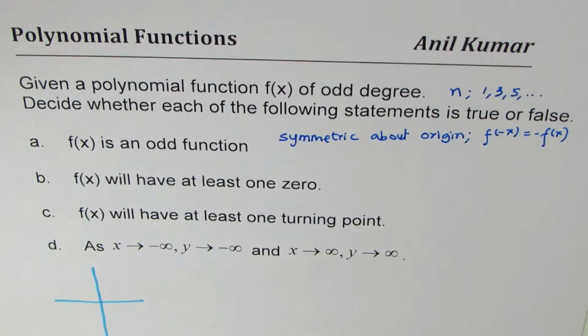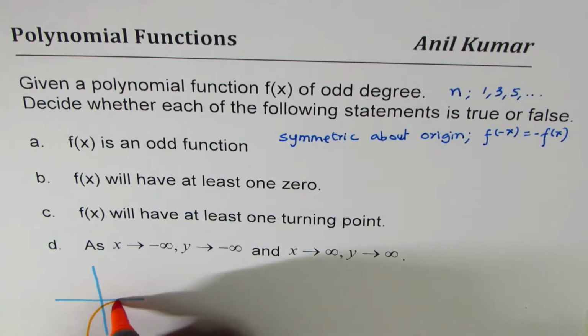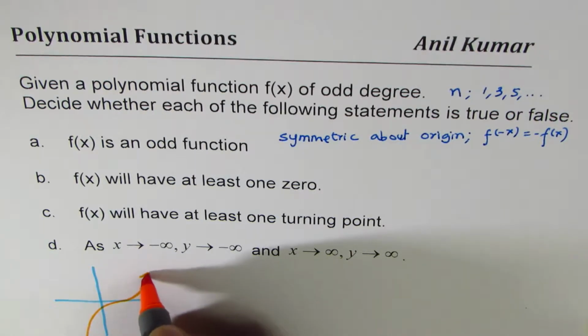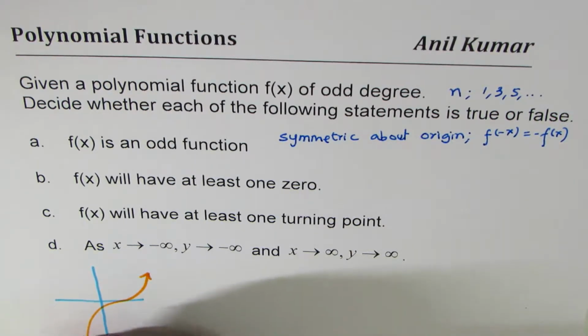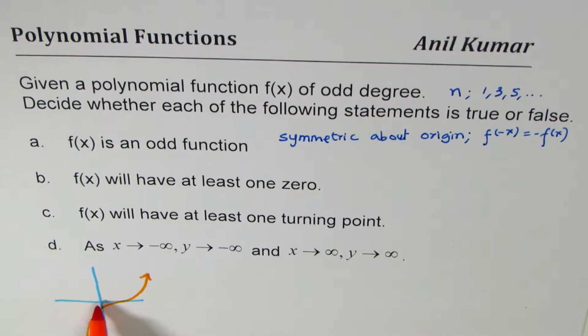For example, I could have a function which is kind of like this. This is a cubic function which has been translated a few units to the right. Now this function is not symmetric about the origin, correct?